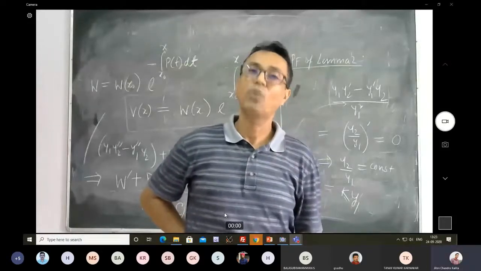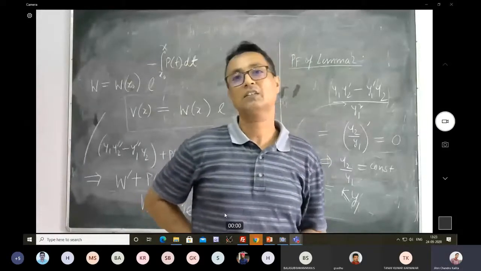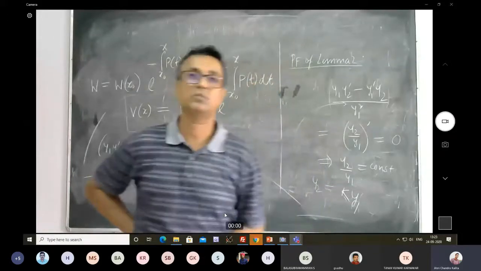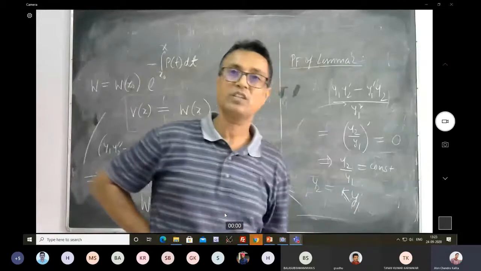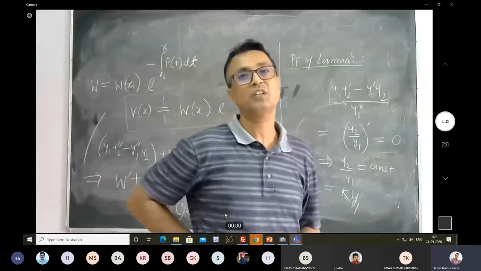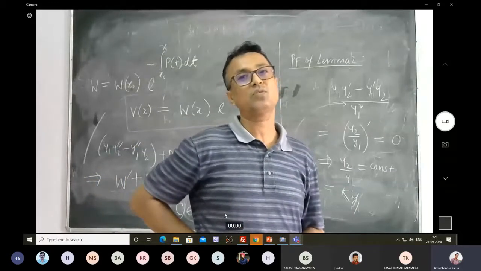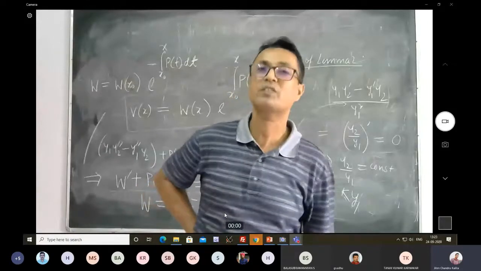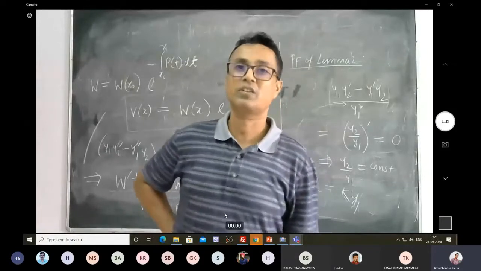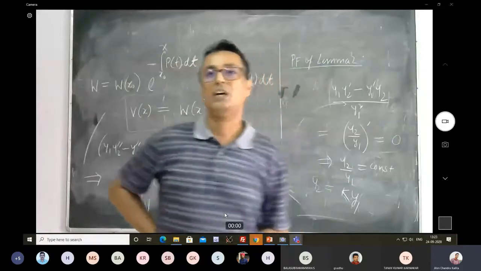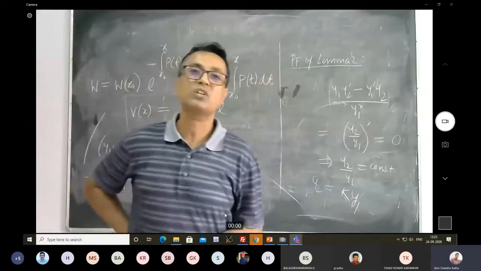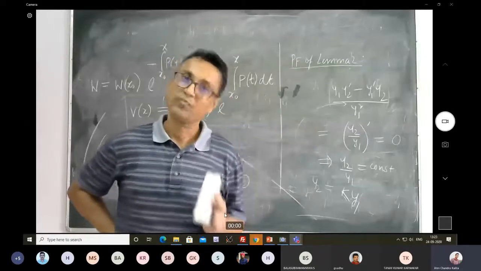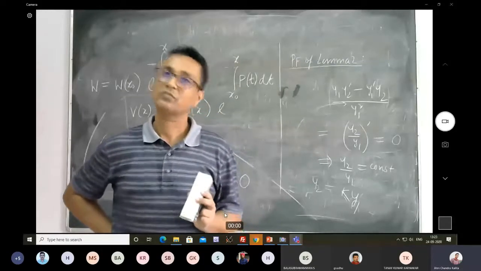From those two, I can comment that if the Wronskian is non-vanishing, then I can have linearly independent solutions, and linearly independent solutions mean that any solution is expressible in terms of a linear combination of them. Is it okay? Fine.